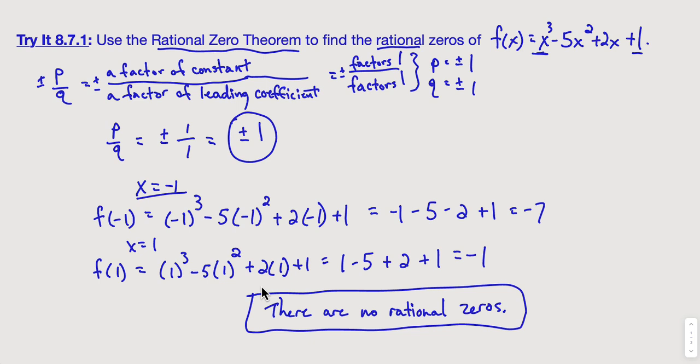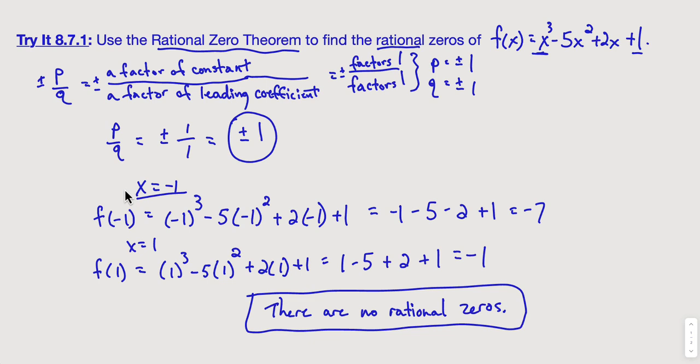So f of x equals x cubed minus 5x squared plus 2x plus 1. To find the possible rational zeros, we put plus or minus the factors of the constant over the factors of the leading coefficient. With each one of those, we substitute them into the function and see if any of them equal 0.